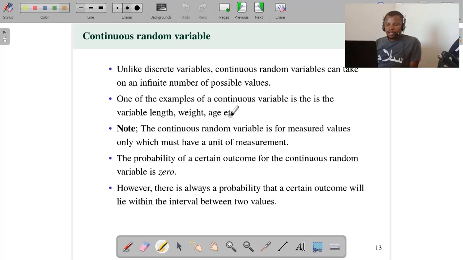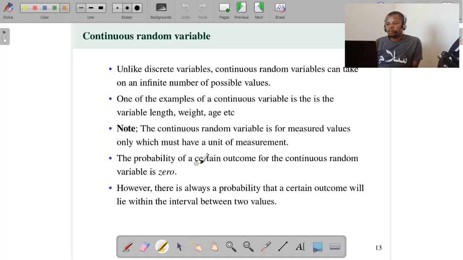As long as you can have a unit of measurement, that is the clear-cut difference which can tell you that what we are now dealing with is a continuous random variable, unlike the discrete. In discrete, the only thing you will have is count and not a measurement. So note the continuous variable is for measured values only, which must have a unit of measurement, as I said before.